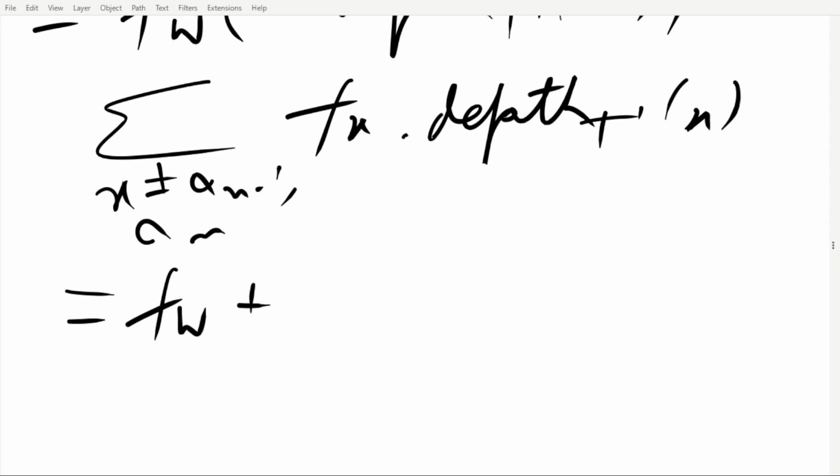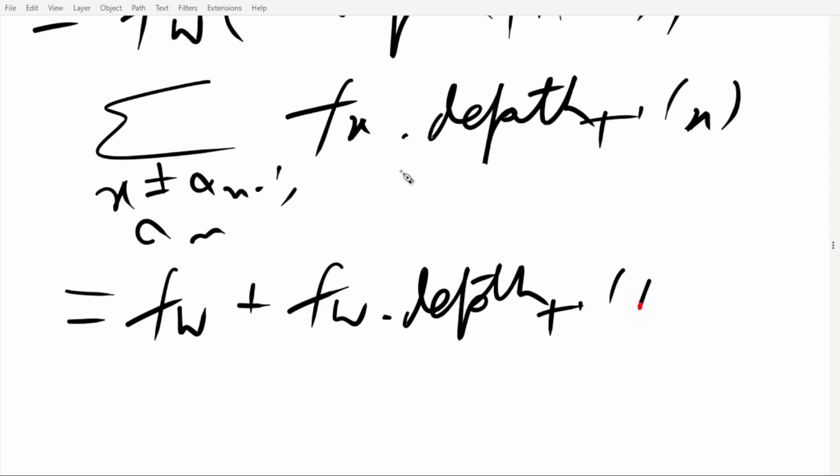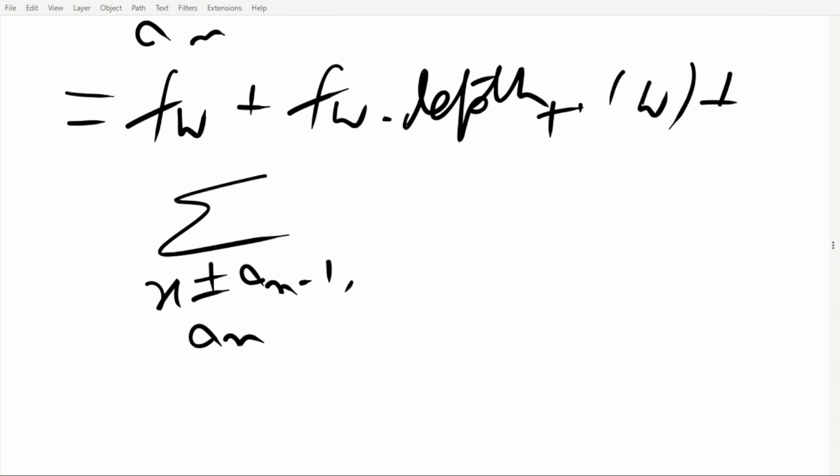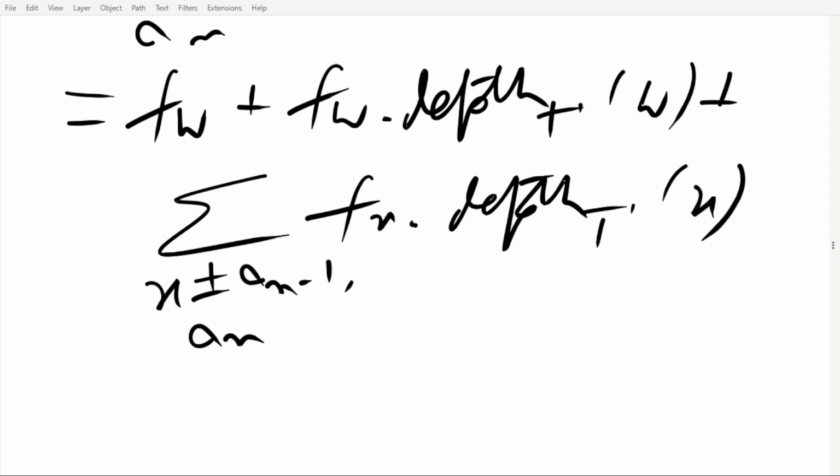Fw plus, separate out, fw times depth in t prime of w, plus the remaining expression, sum of all x not equal to an minus 1 and an, fx times depth in t prime of x.